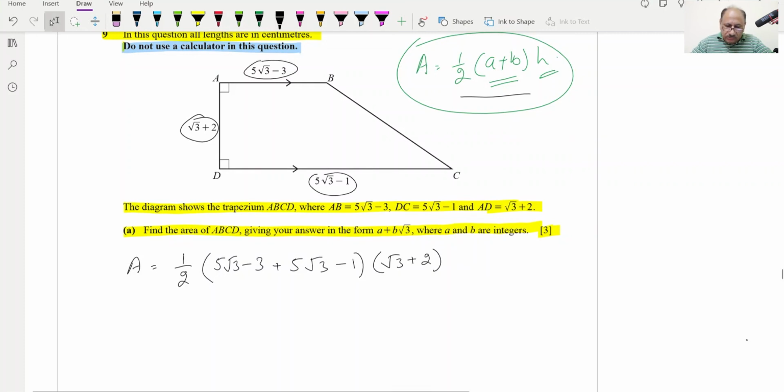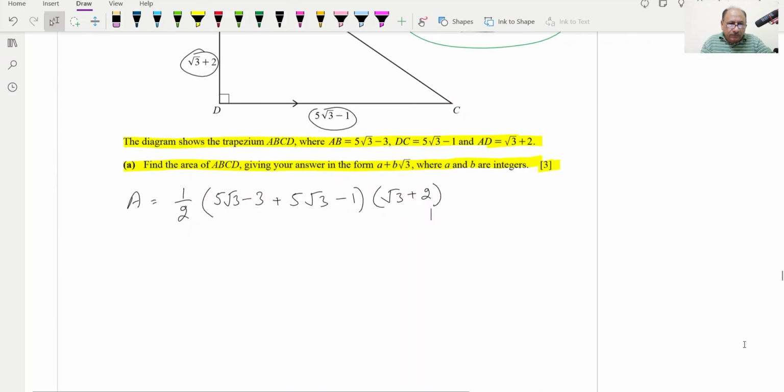Put in brackets, multiplication. Now for multiplication, before multiplying we will add the like terms. 5 under root 3 plus 5 under root 3 will be 10 under root 3, and minus 3 minus 1 will be minus 4, and this will be under root 3 plus 2 as it is.